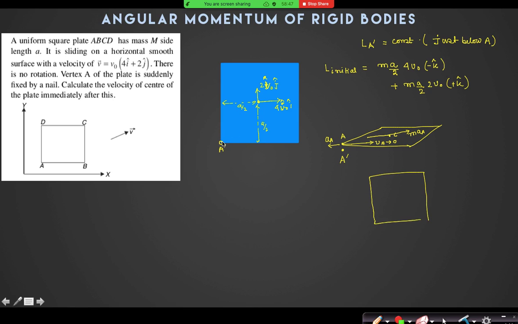In top view, is it necessary that the acceleration of A will pass through C? The direction of acceleration of A will not pass through C. It can be in this direction, it can be in this direction. So if it is in this direction, the pseudo force will pass through this point.